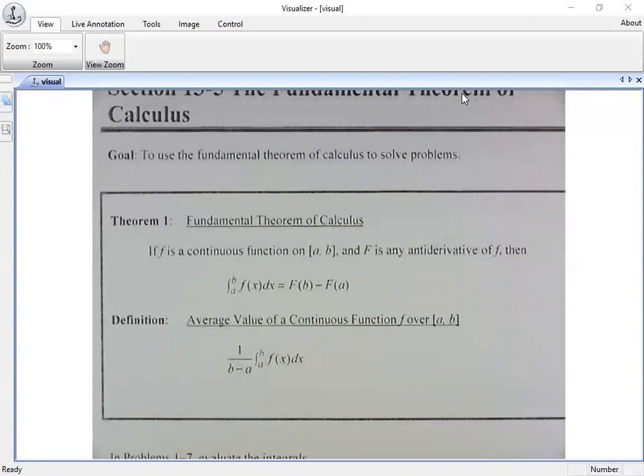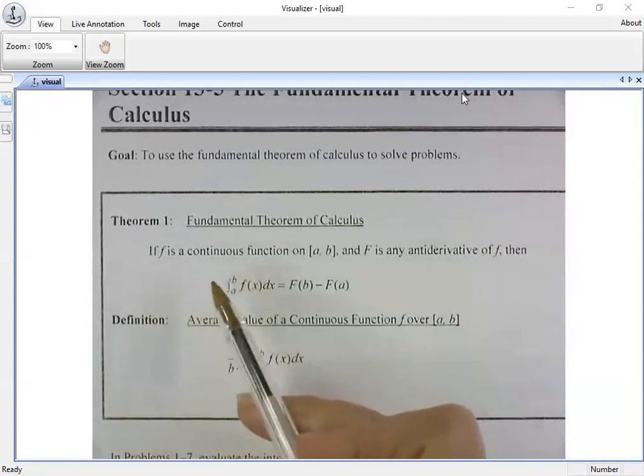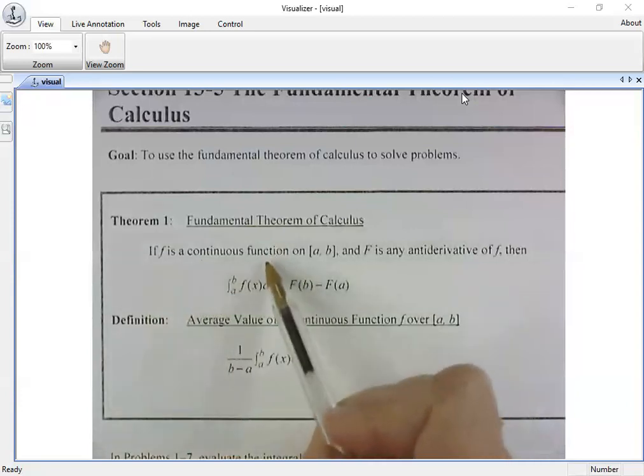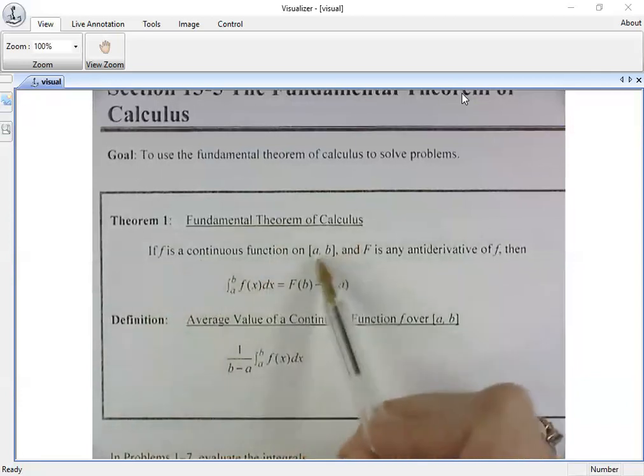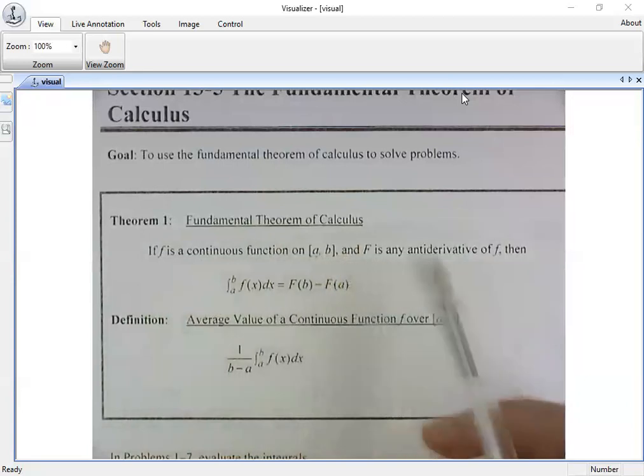Okay. Fundamental theorem of calculus is what we just used, and that is simply saying this. If I have a function and it's continuous on some interval, so remember how I said earlier, if you had a break, like an asymptote, that's an issue. So this is saying we're not going to have any kind of break here. This is going to be a continuous function between these two values on this interval.